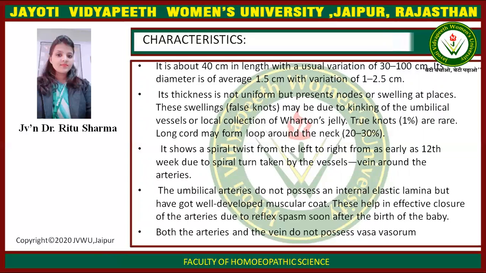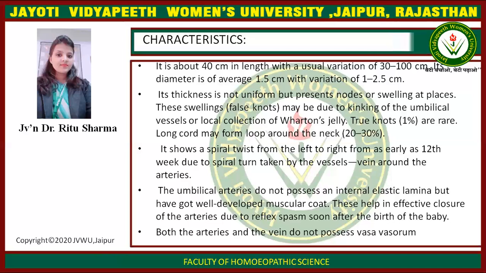Its thickness is not uniform but presents knots or swellings at places. These swellings may be due to kinking of the umbilical vessels or local collections of Wharton's jelly. True knots, 1%, are rare. A long cord may form a loop around the neck in 20 to 30%.